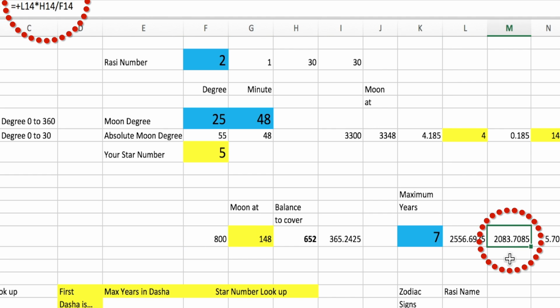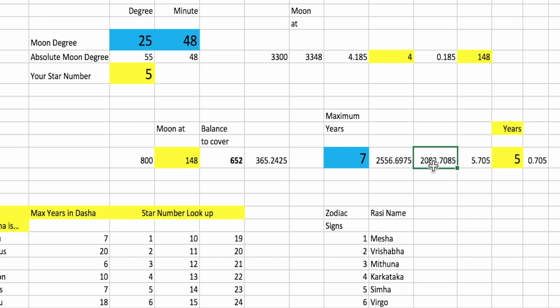So what you get here is how many days are left in the dasha of Mars. Once you get the balance in number of days, it's quite easy to convert it into years, months and days.